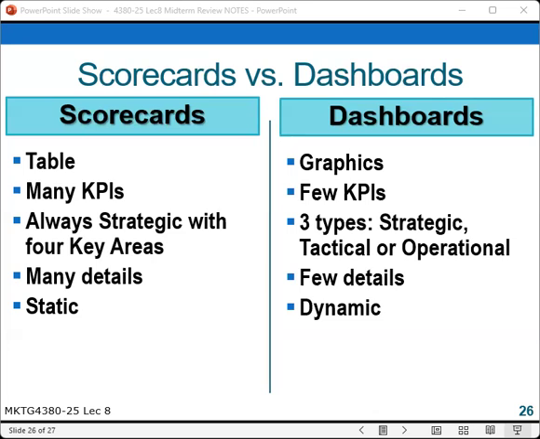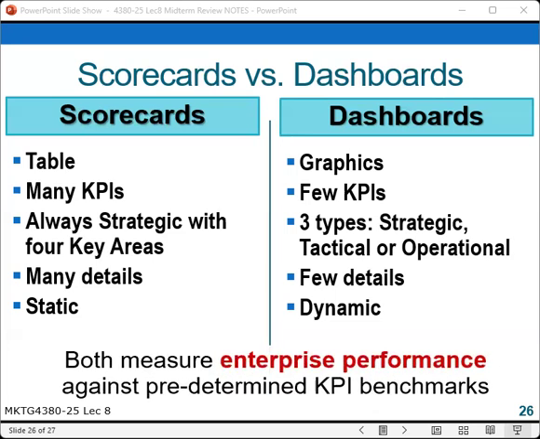The operational, again, is a bit more about monitoring as well. And the data often is close to real time or real time and dynamic, so it would change, as long as someone was taking care of it. So both measure enterprise performance against predetermined KPI benchmarks. So the benchmarks are always important to include.